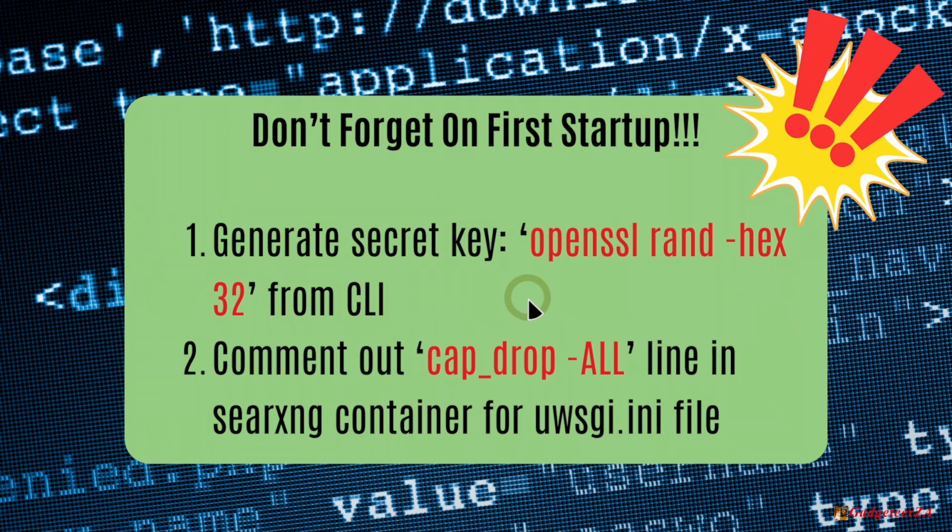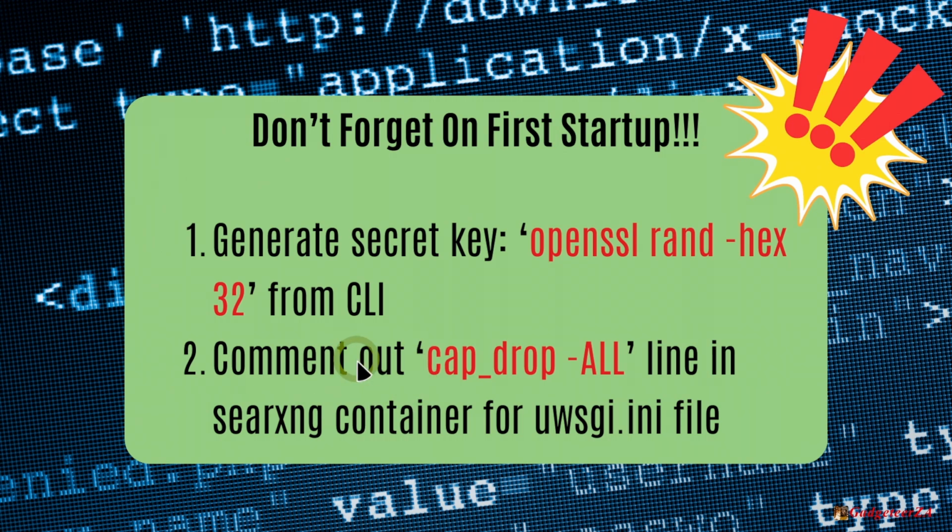If you go to a CLI and execute openssl rand -hex 32, it will generate a nice long random string. You can put that into your settings.yml file as the secret key. You can generate a new one later if you want to as well. It doesn't really matter, but that is how you can generate your own one if you're wondering.